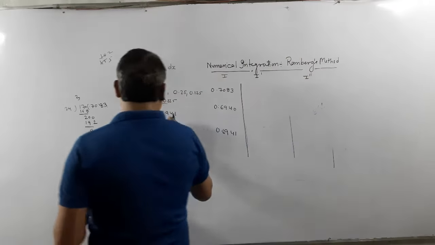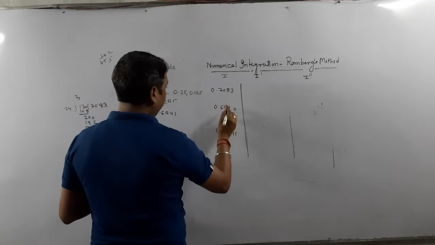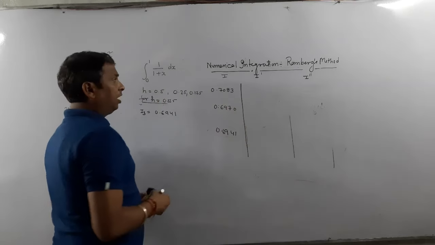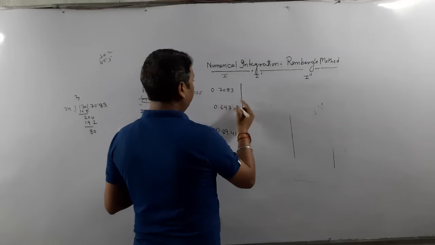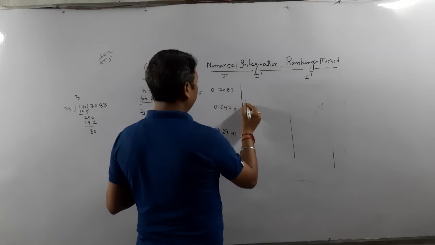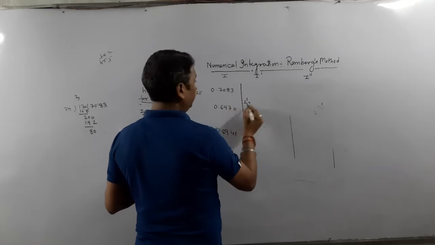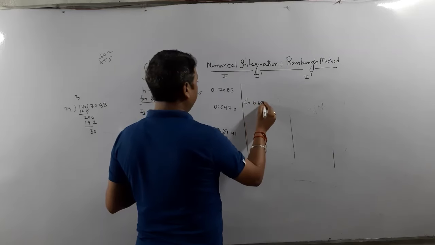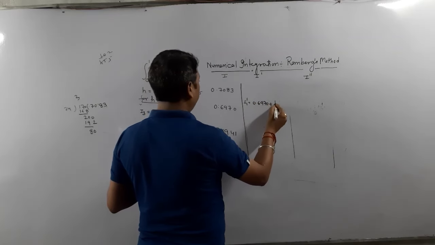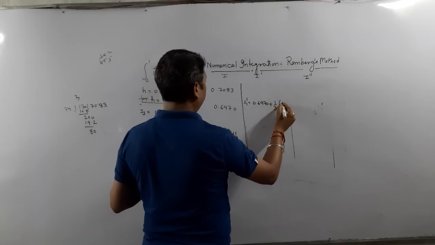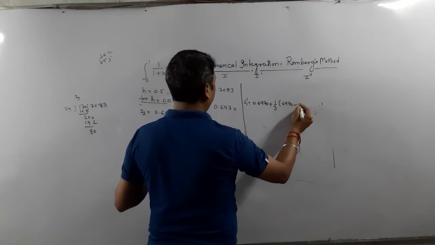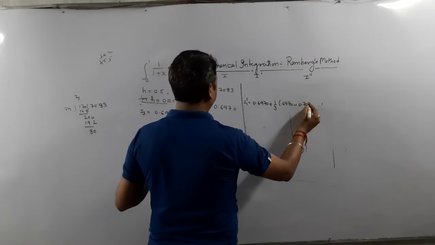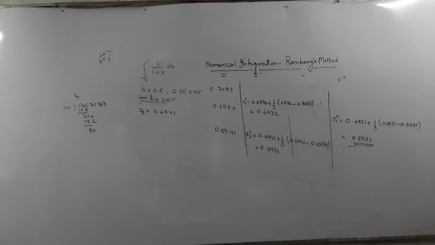Now you have the I values, so calculate I1 dash. For this, the value is 0.6970 plus 1 by 3 of 0.6970 minus 0.7083.